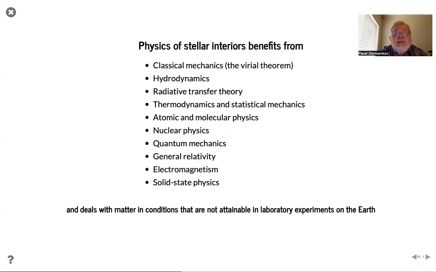From classical mechanics, I hope that you are familiar with the virial theorem, because from my point of view, the virial theorem is very important for stellar physics. What it tells us is that when a star loses a state of thermonuclear equilibrium, it begins to contract by gravitational force, and as a result of this gravitational contraction, the star heats up.